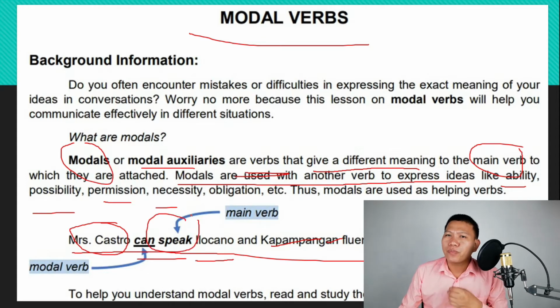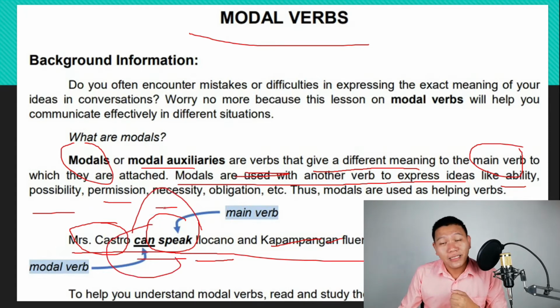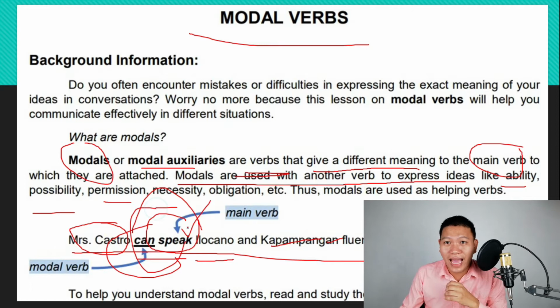Now, the modal verb used to express a particular meaning, a meaning telling that Mrs. Castro has the ability of doing, is the word can. So, can speak. So, modal verb can, and then the main verb speak.